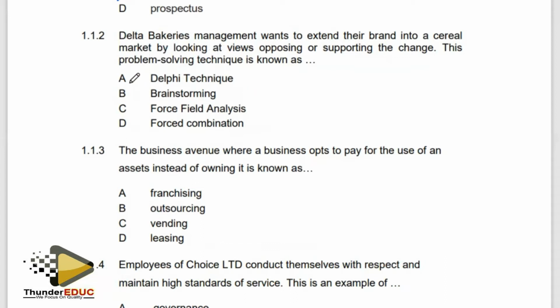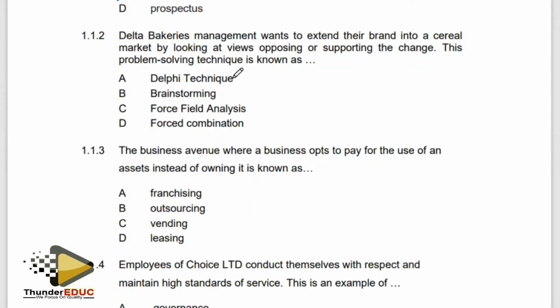Okay, let's start with the first problem-solving technique, which is Delphi technique. I want to remind you that when we want to use Delphi problem-solving technique, this involves the use of experts.